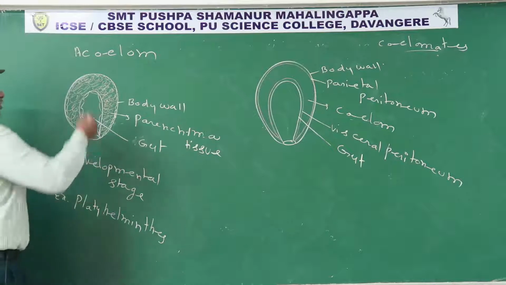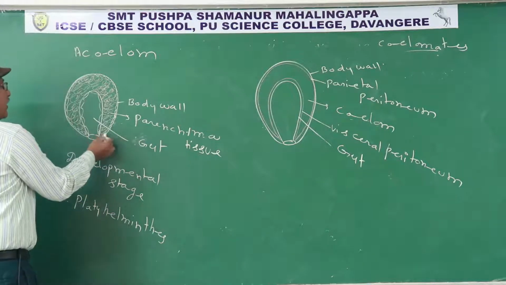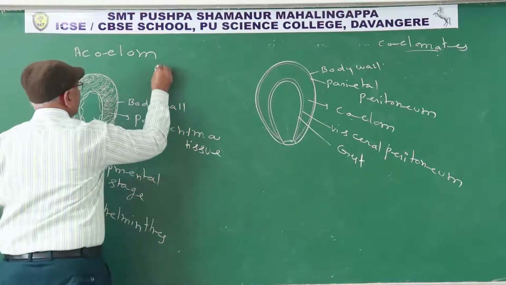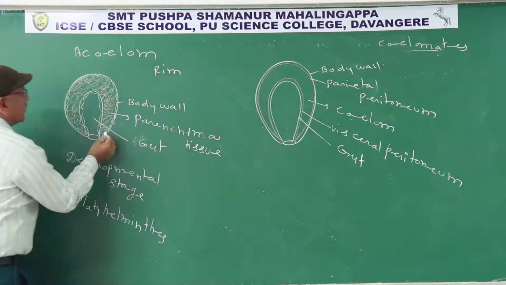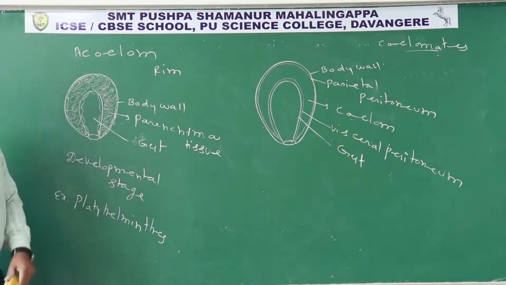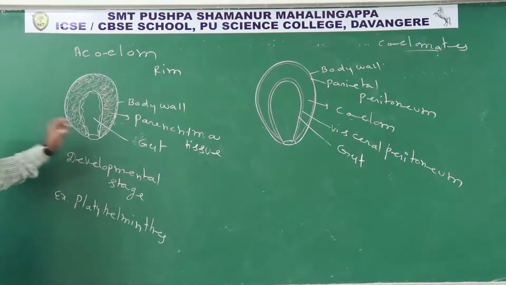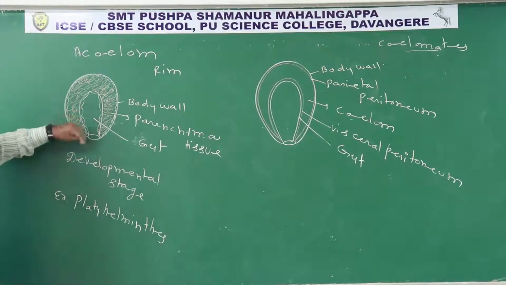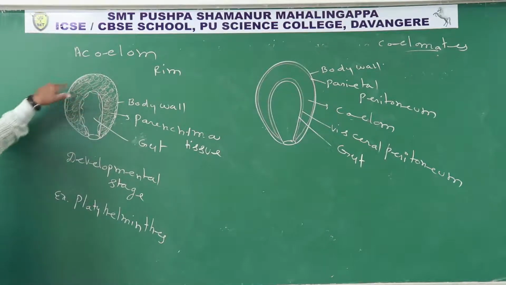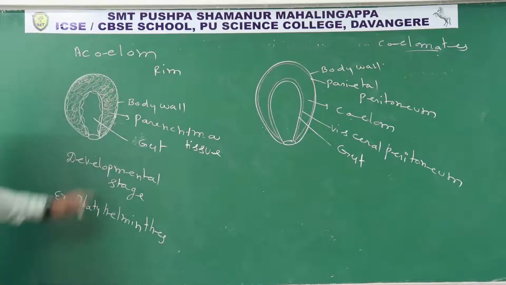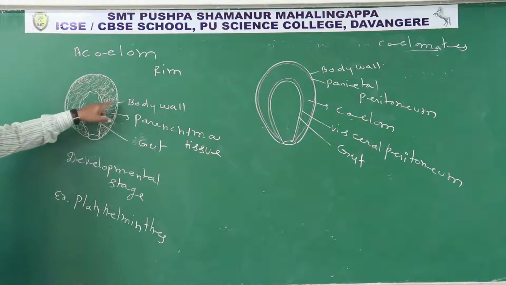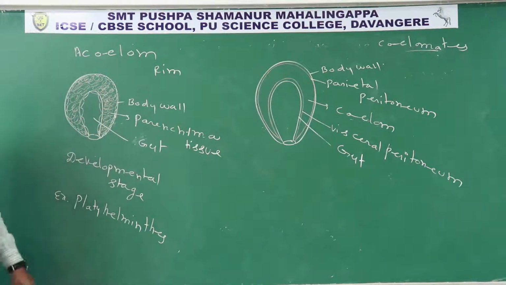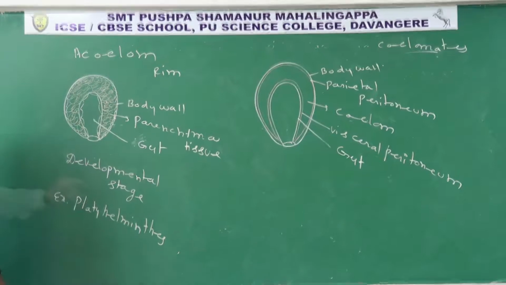How is it formed? The cells present at the rim of gastrula undergo repeated mitotic division. As a result, several cells are formed. The newly formed cells form a parenchyma tissue. Due to presence of parenchyma tissue between body wall and alimentary canal, coelom is absent.